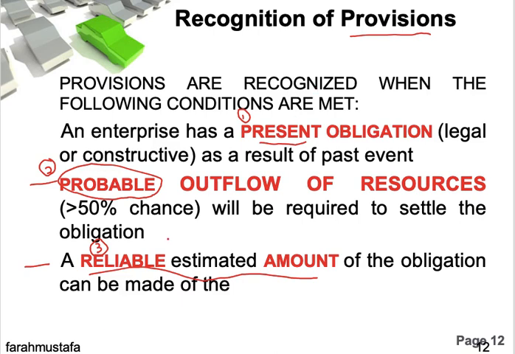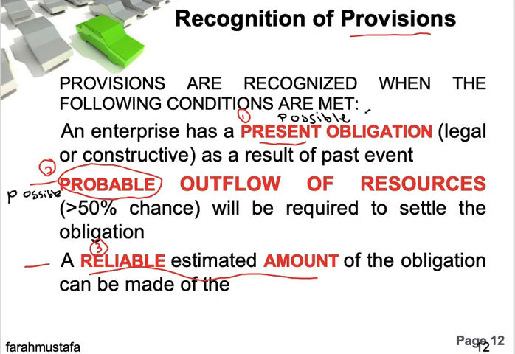What happens if it is not a present obligation, if it is only possible? Then it is not a provision, it is a contingent liability. Or if it is a present obligation but it is not probable, it is only possible because the chances are less than 50%, so it is also a contingent liability.